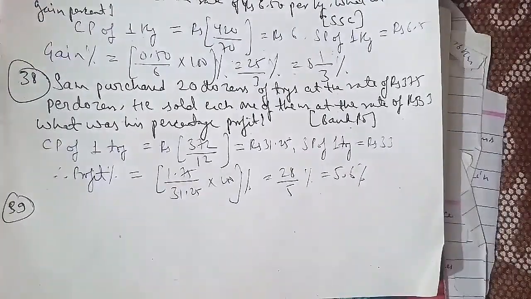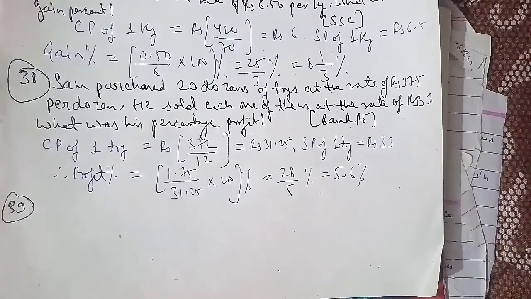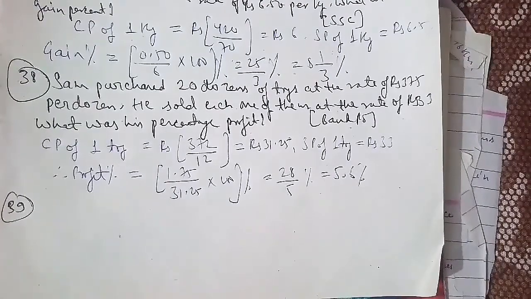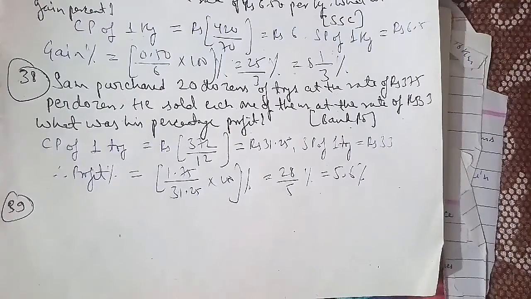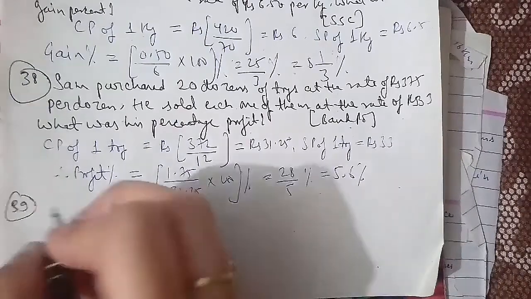The question is: 100 oranges are bought at the rate of rupees 350 and sold at the rate of rupees 48 per dozen. The percentage of profit or loss is? That has been asked in SSC examination paper. Options are 14.2/7% gain, 15% gain, 14.2/7% loss, and 15% loss.